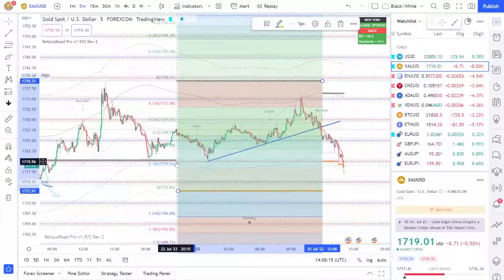So the market started to go down, and around this action level, the market got rejected. Today it did not really get rejected at this 0.6, because we didn't have a lot of movement this day, so it got rejected at the action level, 1720.